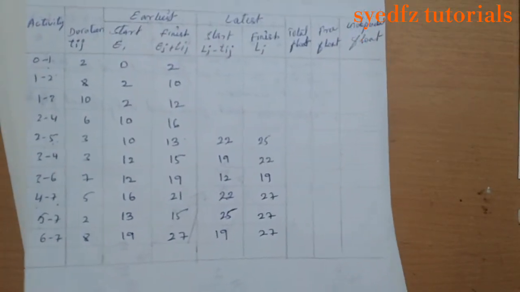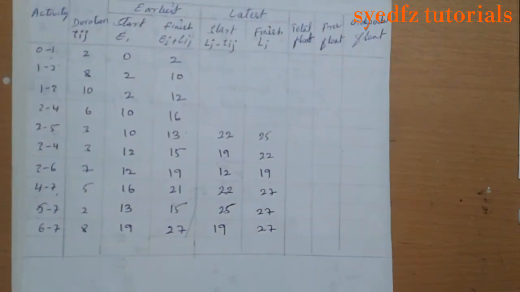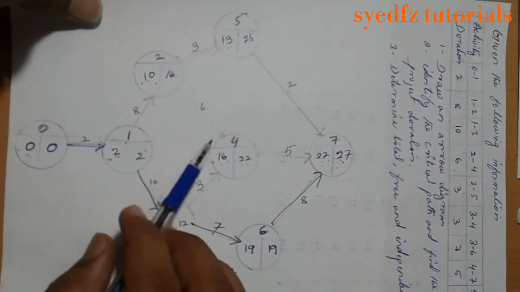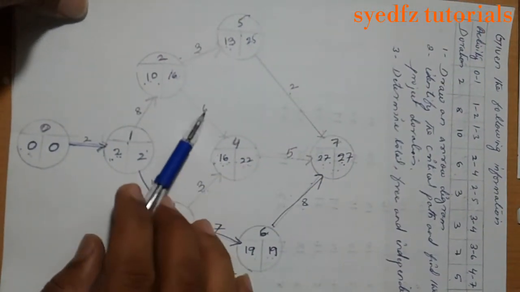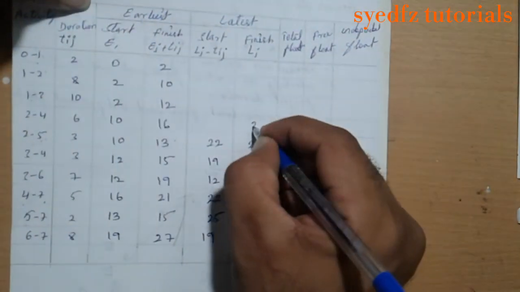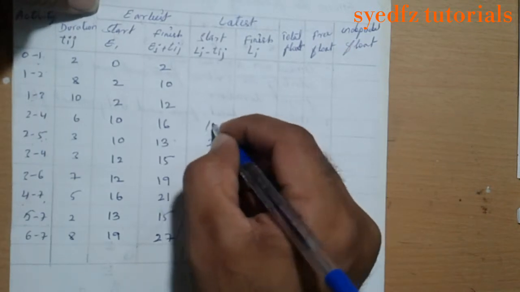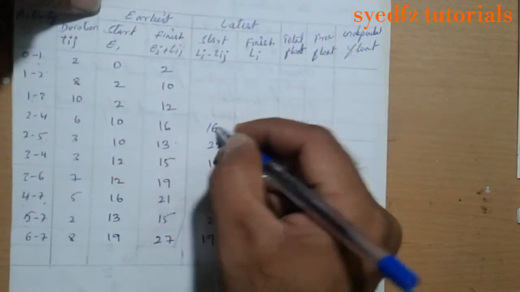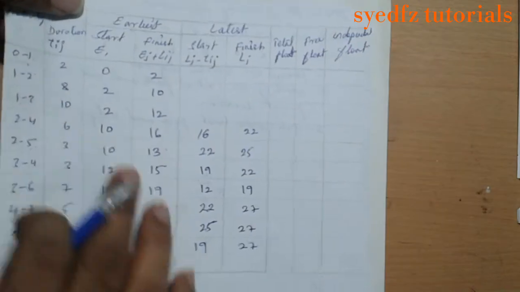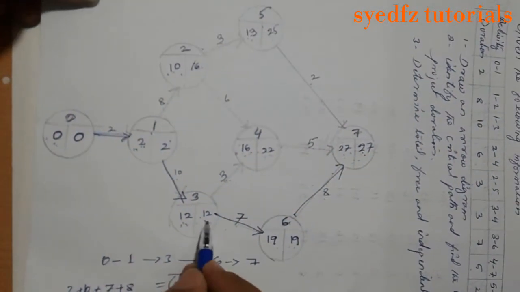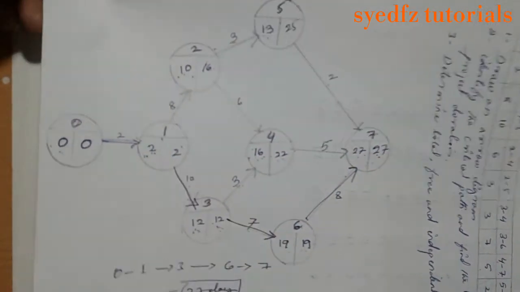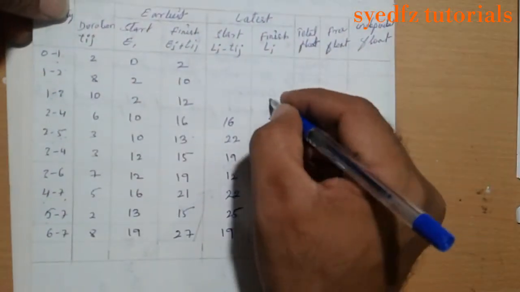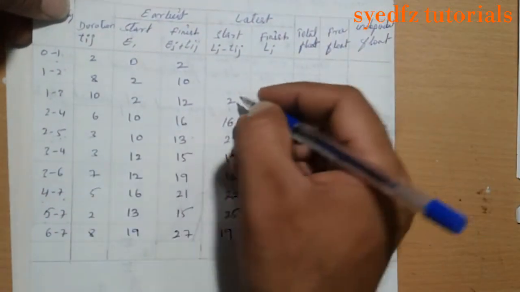Now the next activity is 2 to 4. Finish on 22, after deduction of 6 it is 16. Next 1 to 3. Finish on 12, after deduction of 10 it became 2.